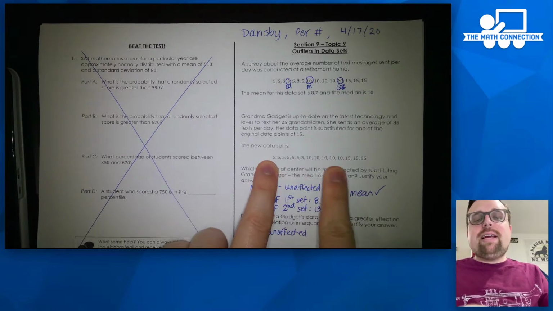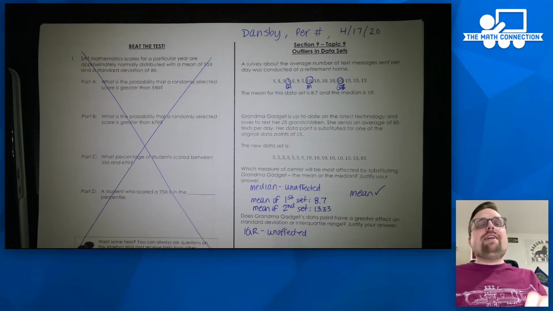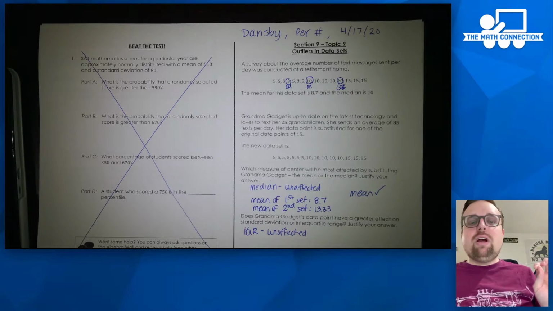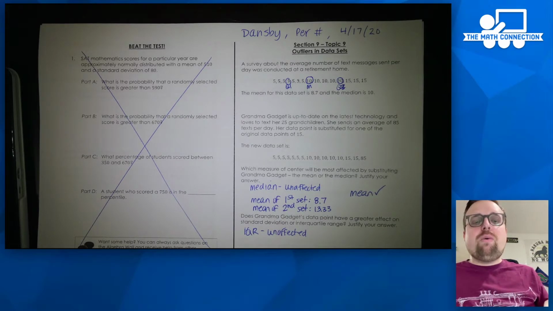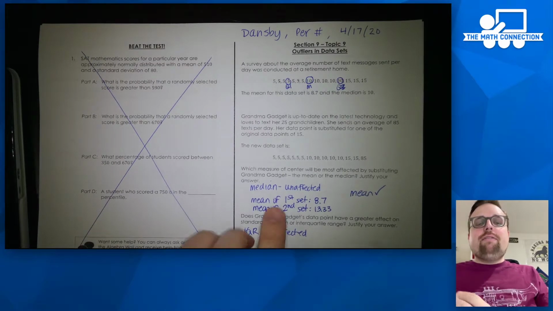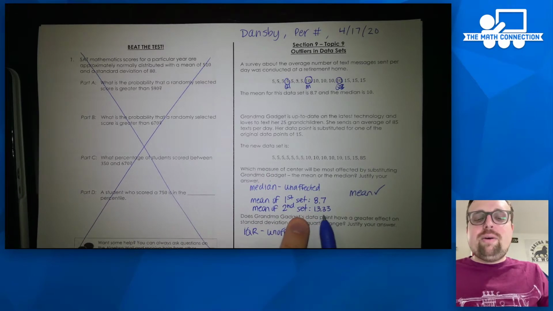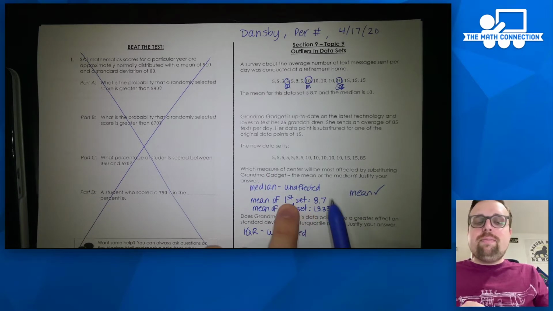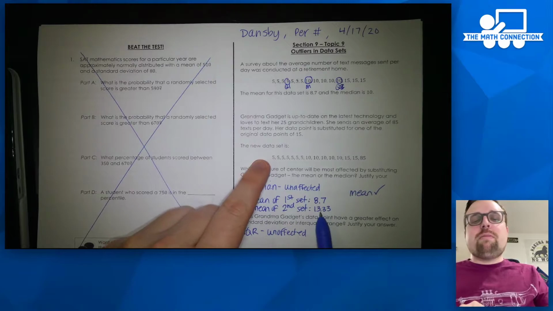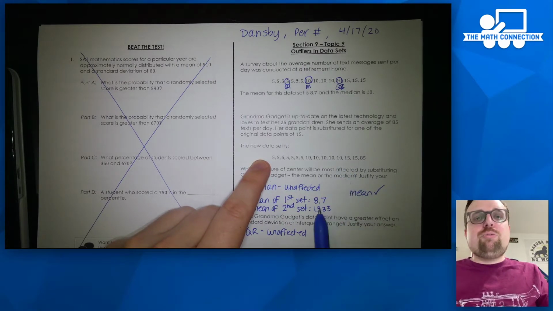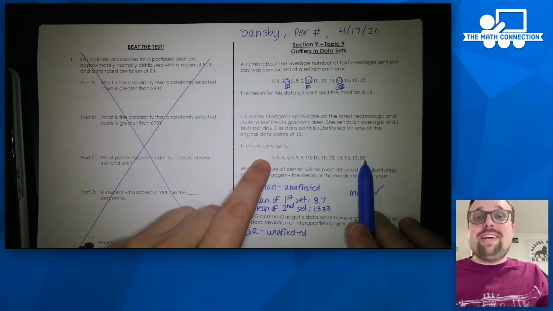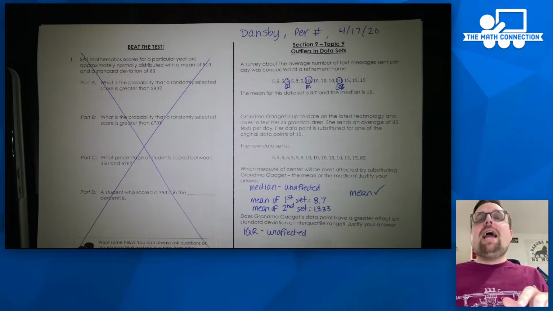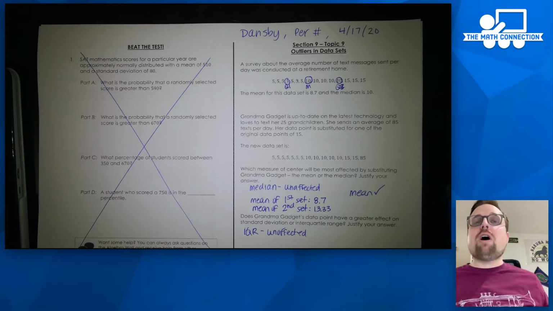If we look at this data set, though, we now have an 85 tacked on the end, which is super, super far away from the original average of the data. If we average the second set, we did it already, we get 13.33. 5 is not super far from 13. 15 is not super far from 13, but 85 is super far from 13. And remember, when we're talking about how far data points are away from the mean, we're talking about the spread of the data.